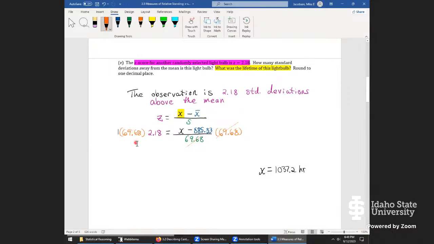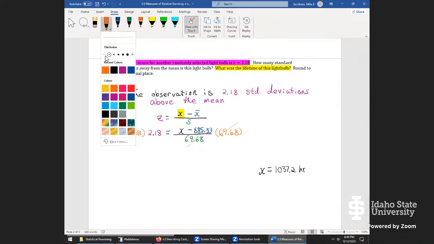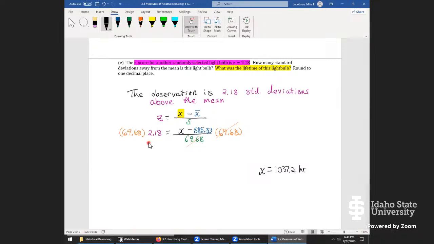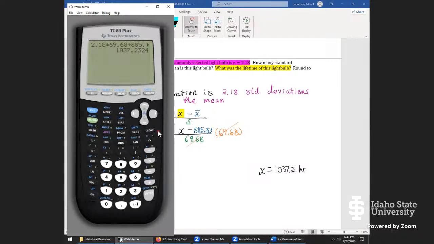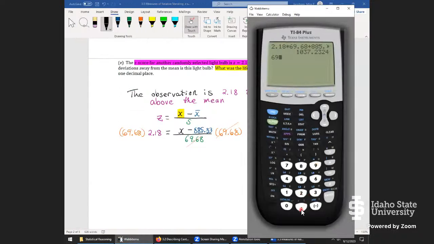Then we would have to pull up the calculator to evaluate the left-hand side. But on paper, this is what it looks like first. I would take 69.68 times 2.18. So we're up to 151.90. If we're rounding to one decimal place, I'll keep 3 places just to be extra accurate. That's probably overkill, but it definitely can help.